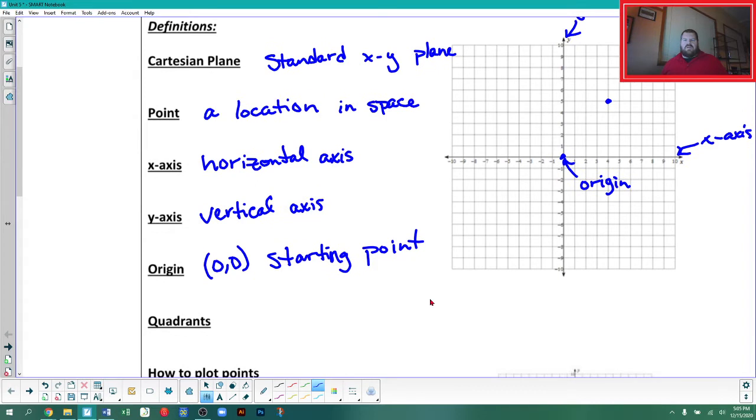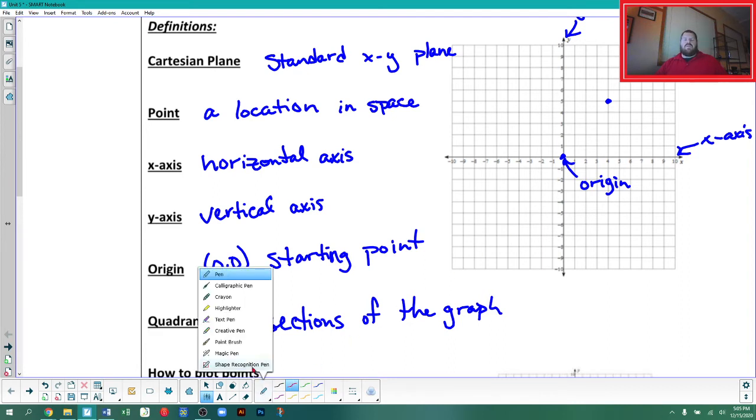And then for quadrants, we have 4 quadrants, or 4 sections of the graph. Okay. Now where are those quadrants? Where do they live? They're all determined by their x and y values, namely the signs of their x and y values.